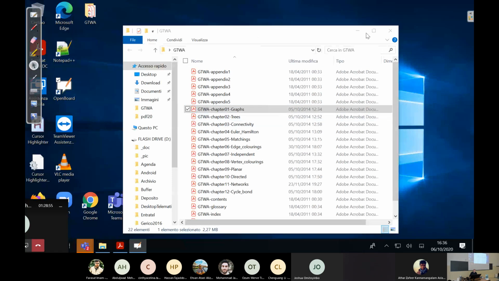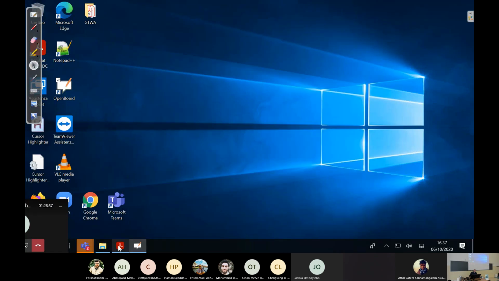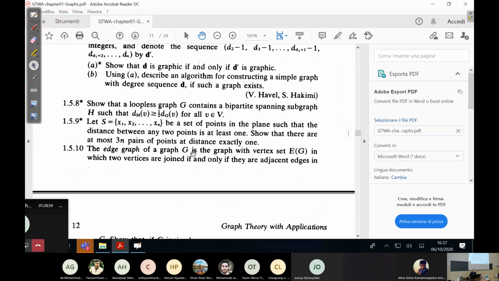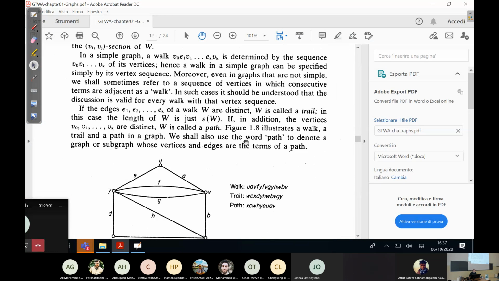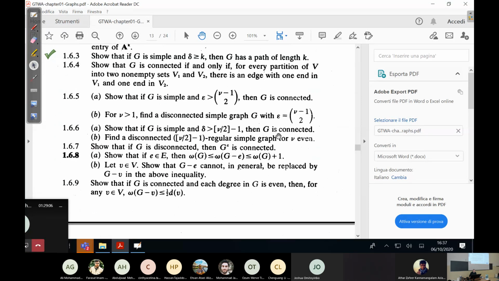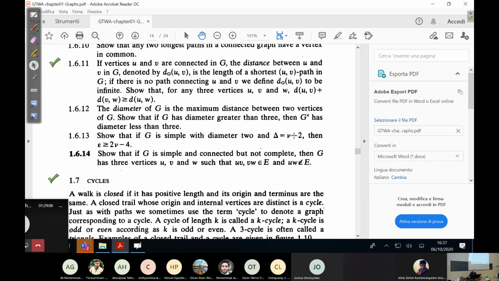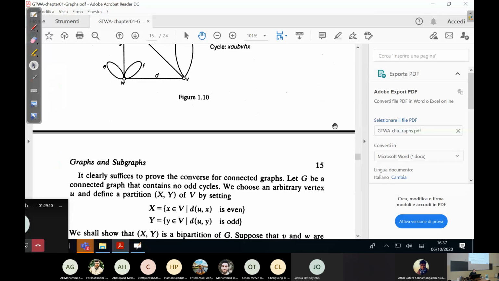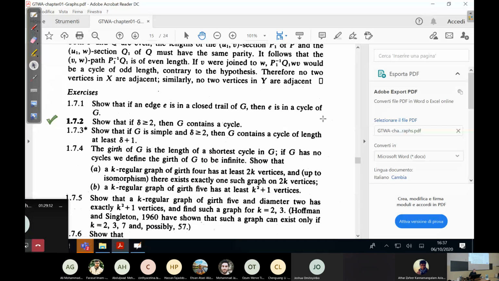And let's go back here. There was another problem left, but this is rather easy. Well, okay, let's do it just by words.